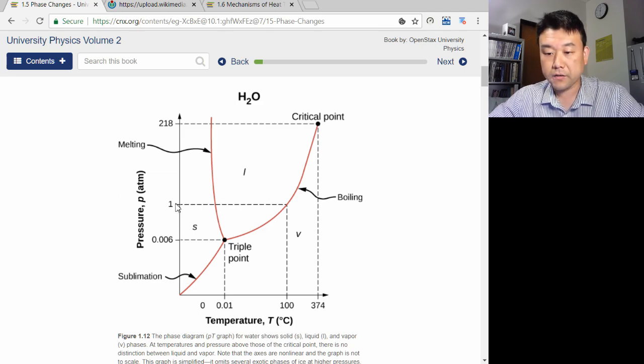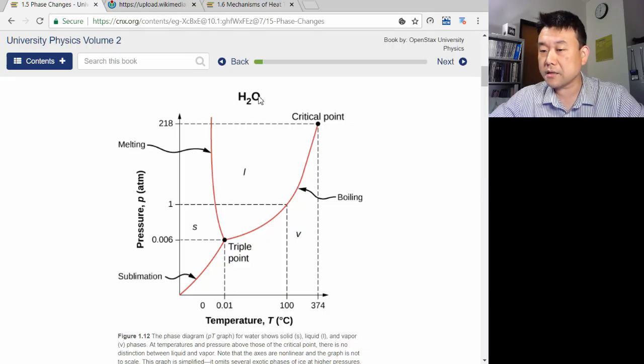Generally, at a given pressure, the hotter the material, the more likely it is to be in liquid phase or gas phase. Or at a given temperature, you could force gas into liquid state by applying more pressure.